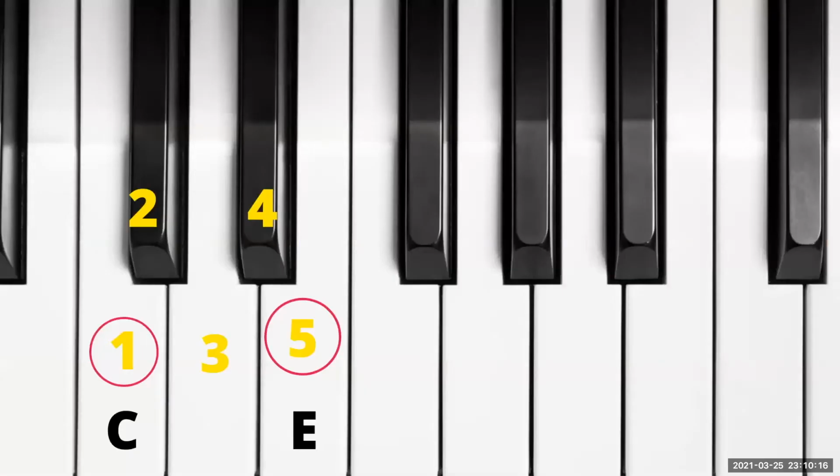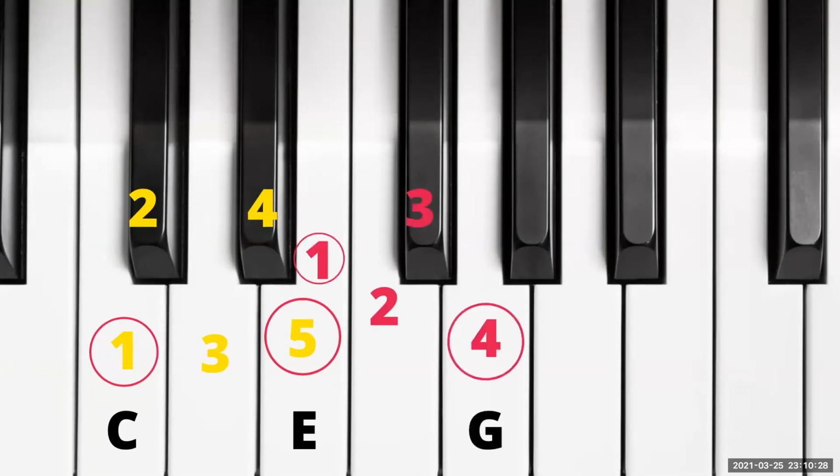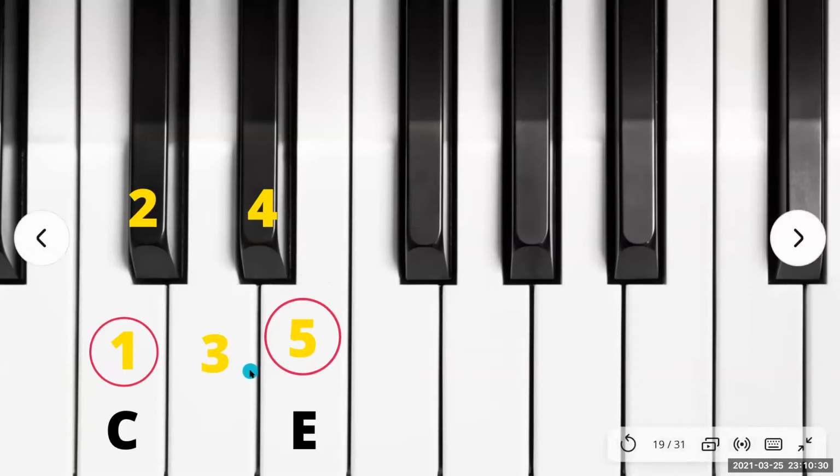5 plus 4. All right, so if we decide we're going to play the C chord, we find C. That's going to be, if you see the circle, I'm going to hold that one down, and I'm going to count 1, 2, 3, 4, 5.